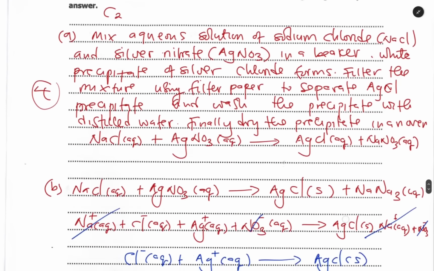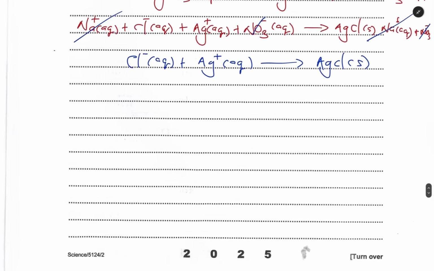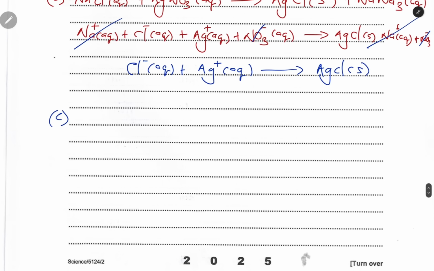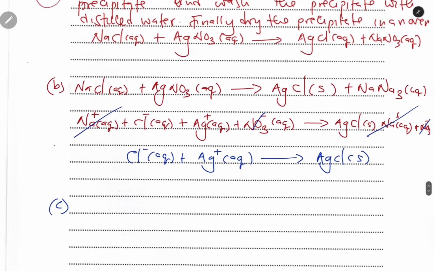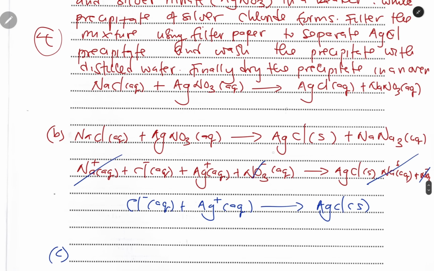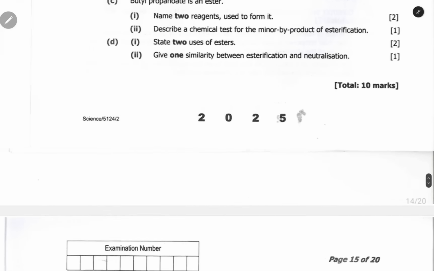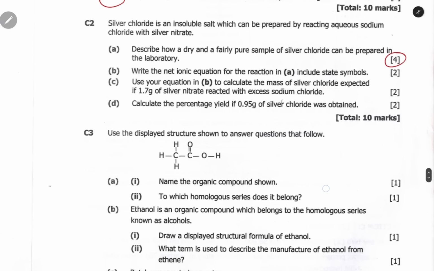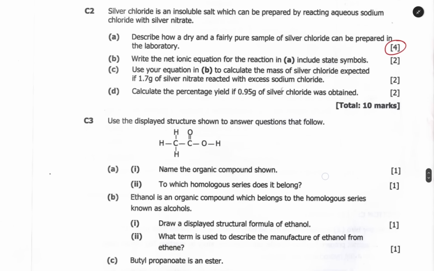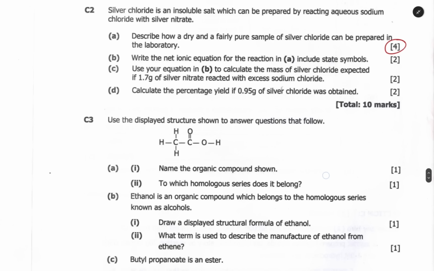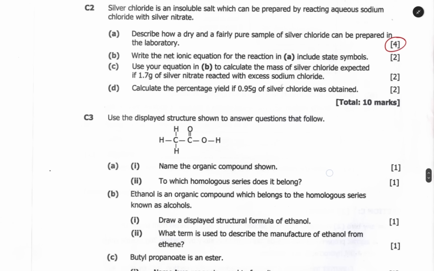So expected means we are calculating the theoretical yield. This is question C. They are asking for the expected mass of silver chloride.